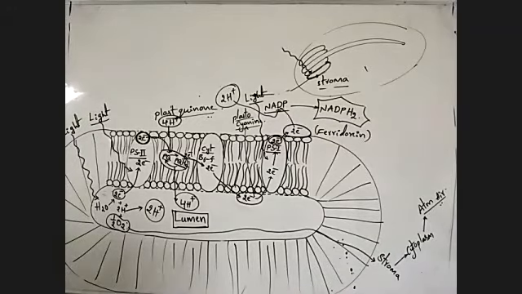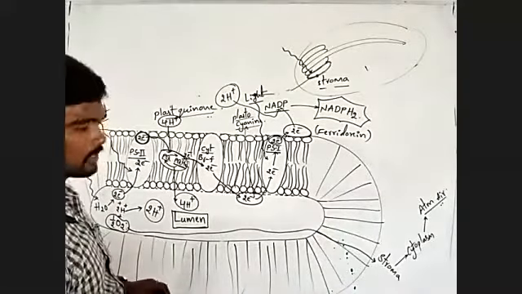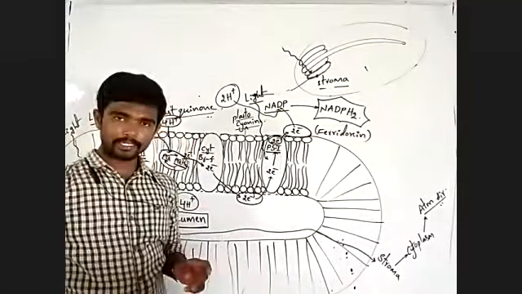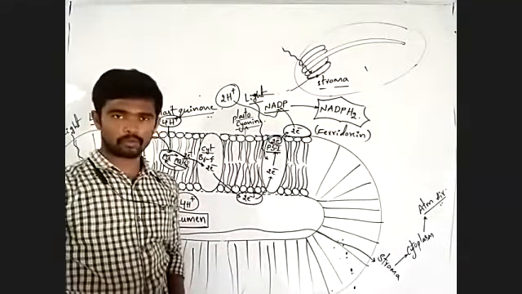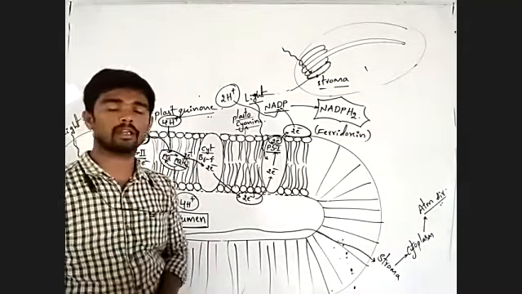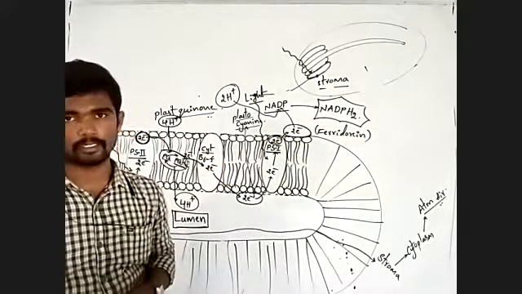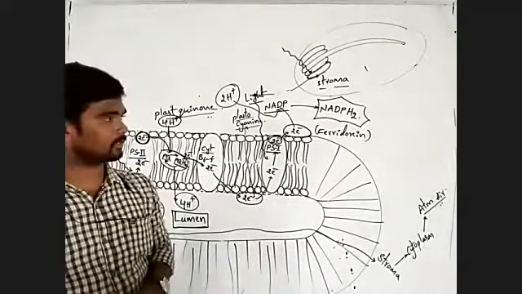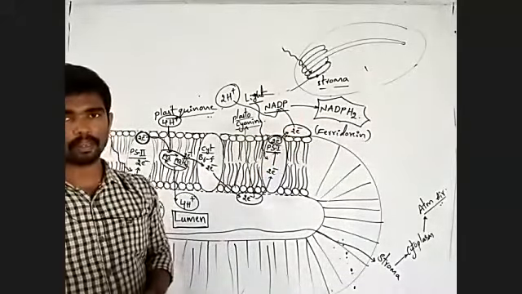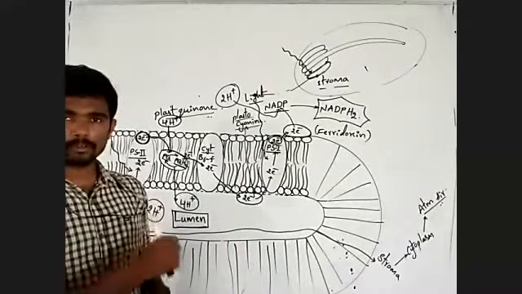Next, observe ATP synthesis. We already discussed the end products of the light reaction. End products of the light reaction are ATP and NADPH. Of these two energy forms, NADPH has formed now. Now ATP has to be formed.